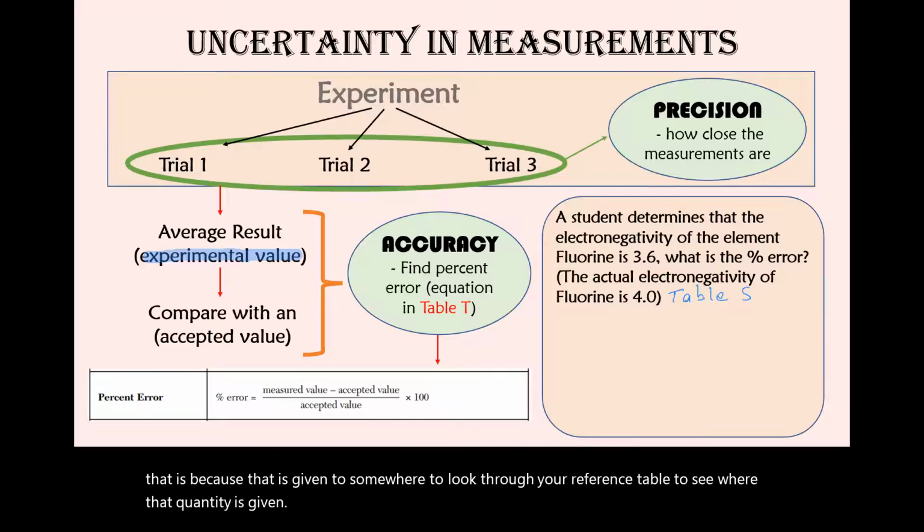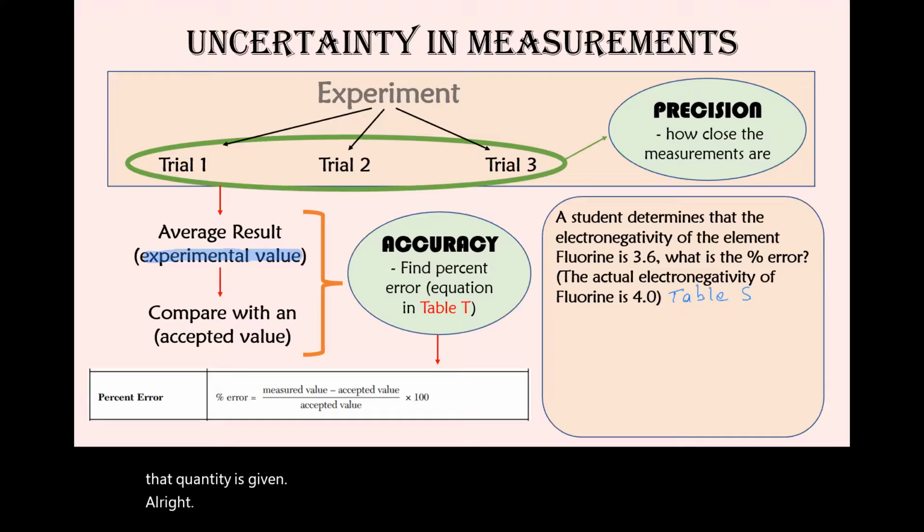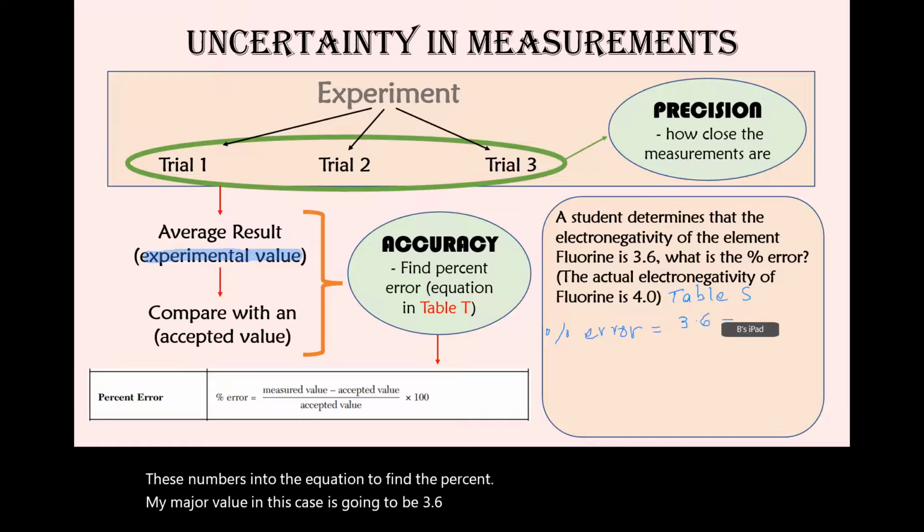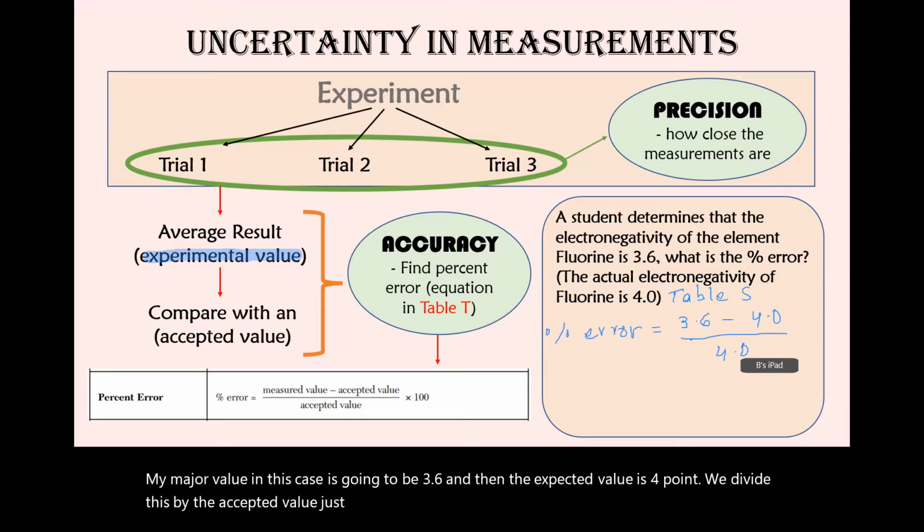All right, so we're just going to go ahead and plug these numbers into the equation. To find the percent error, my measured value in this case is going to be 3.6. And then the accepted value is 4.0. We divide this by the accepted value, which is 4.0 again.